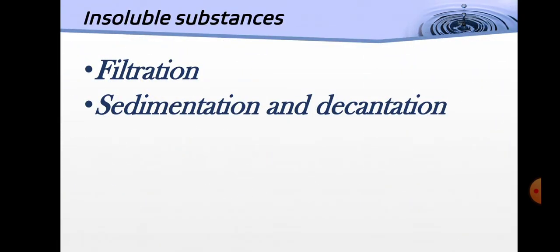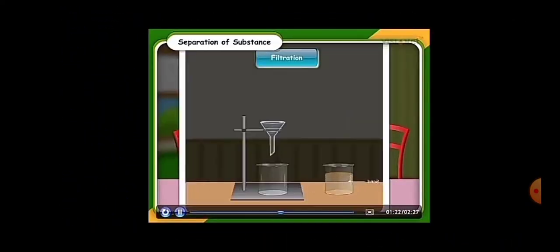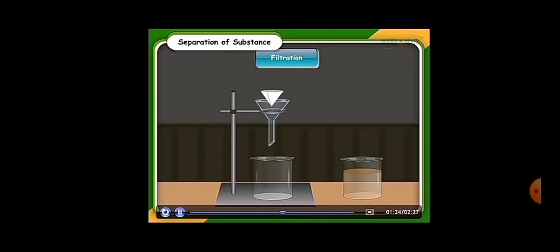Insoluble substances can be separated from a solution by the processes of filtration and sedimentation and decantation. Let's see the process of filtration in this video. In filtration, a solution containing insoluble substance is passed through a filter paper.